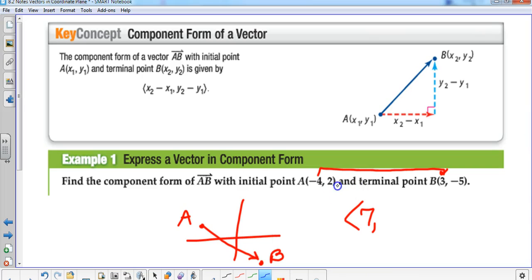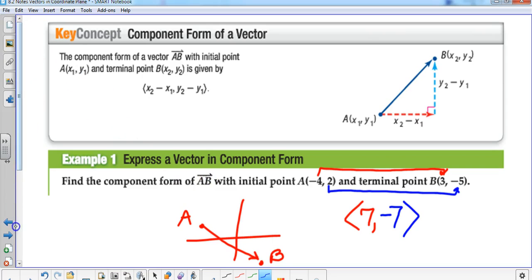And for the y coordinate, it went from 2 to -5, so it went down 7. If you want to do it arithmetically by subtracting, you would have to do the second point minus the first. So if it's going A to B, you have to do the B coordinates minus the A coordinates.